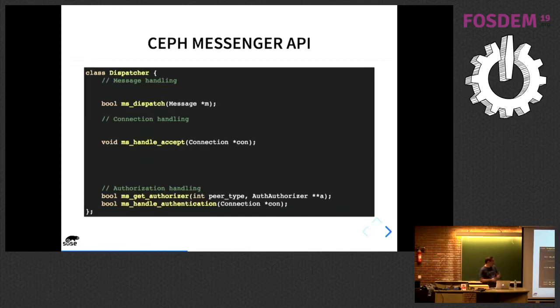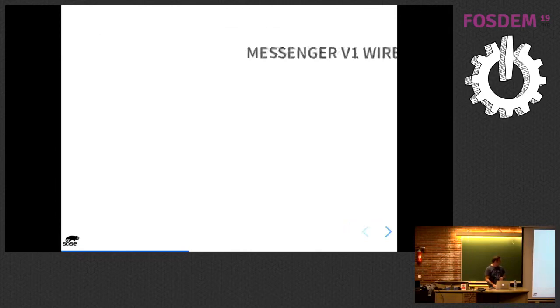So you implement a callback that is called when you receive a message, which we call dispatch. And you can also have a callback when you receive a new connection from another peer. So this is a high-level abstraction over a communication channel. In the API you also have callbacks for taking care of the authentication between the peers.